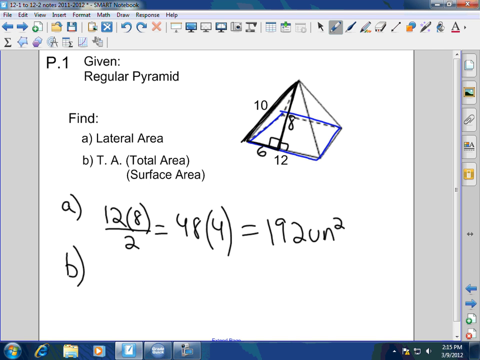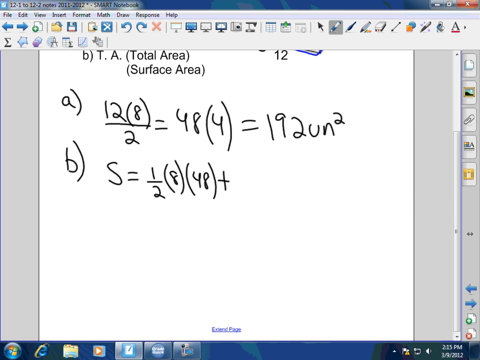What did we say total area was? Now, do it 2 ways in this case. Surface area can equal 1/2 of the slant height times the perimeter of the base, which is 48, plus base area of 144. What does that give us?